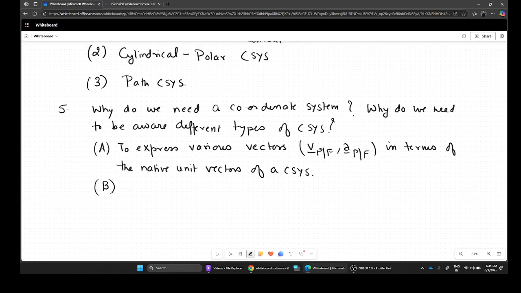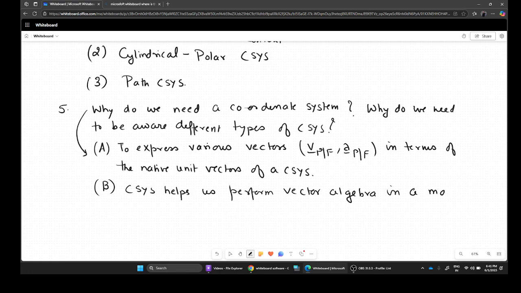The second advantage of using a coordinate system is that coordinate systems help us perform vector algebra in a more easy manner.